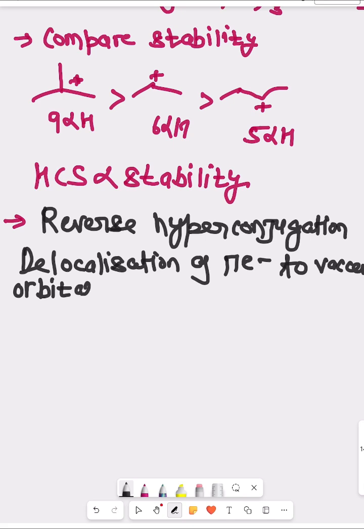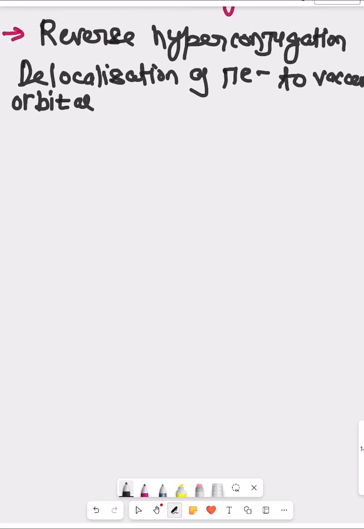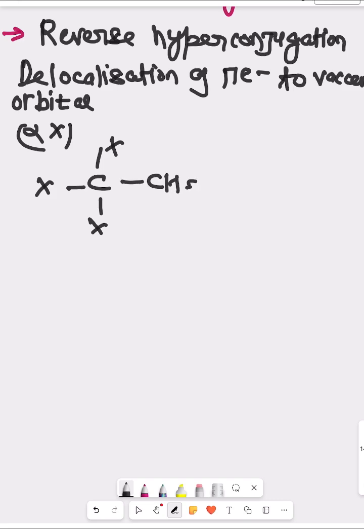And for reverse hyperconjugation, you must have alpha X. Alpha X means halogen. This is your example of reverse hyperconjugation.